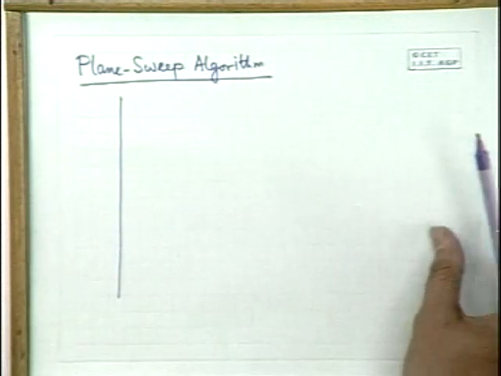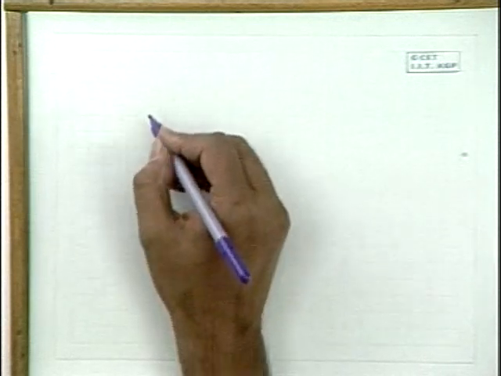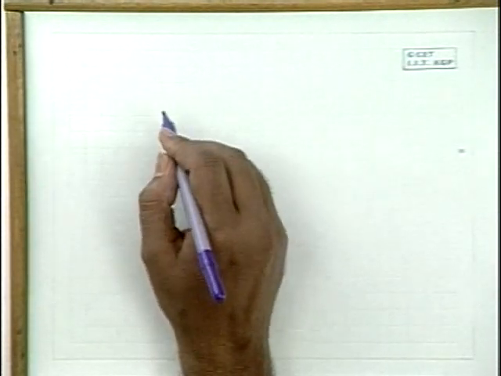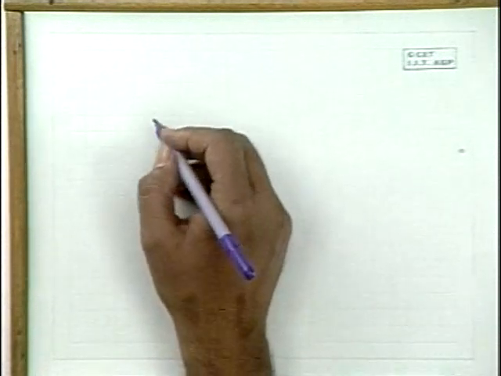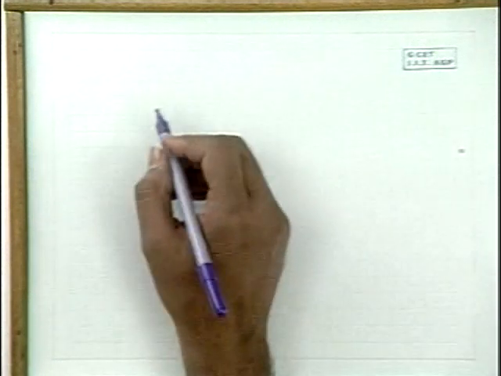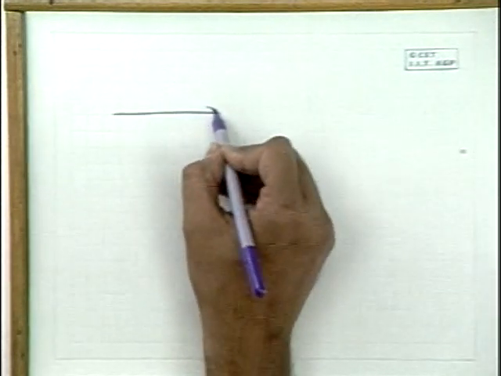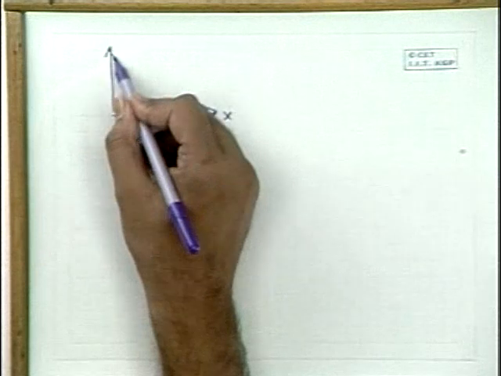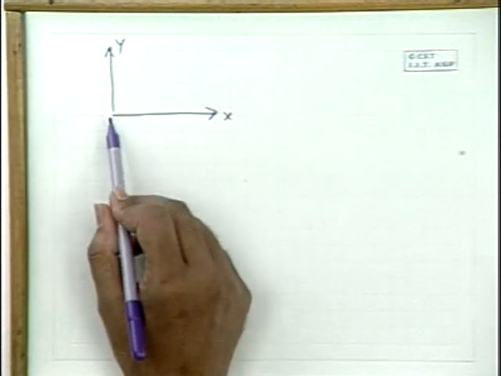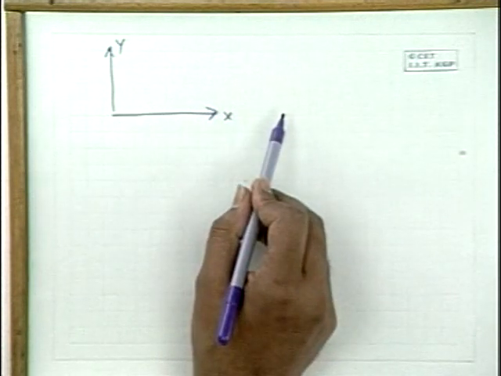So now let me tell you how the algorithm proceeds. Again, as I told you, we will be moving from left to right. So first we sort all the points from left to right. Suppose x is this direction and y is this direction, then we will sort all the points with respect to increasing x coordinates.